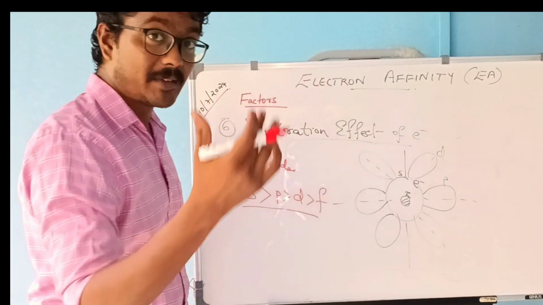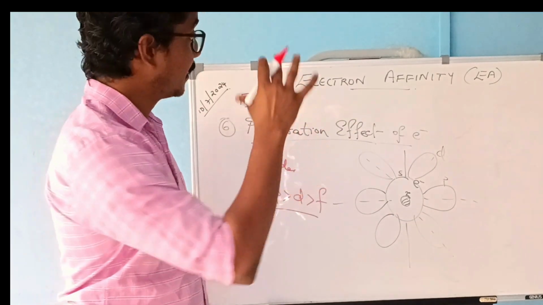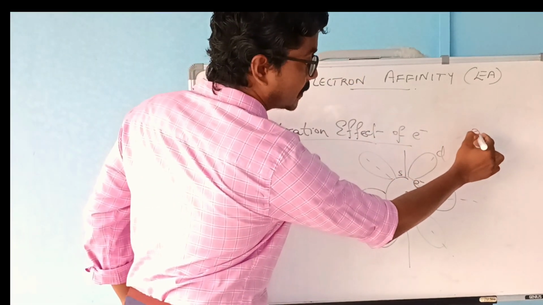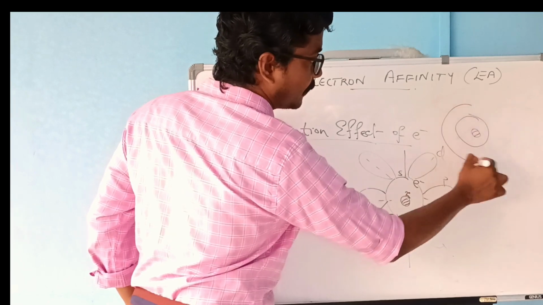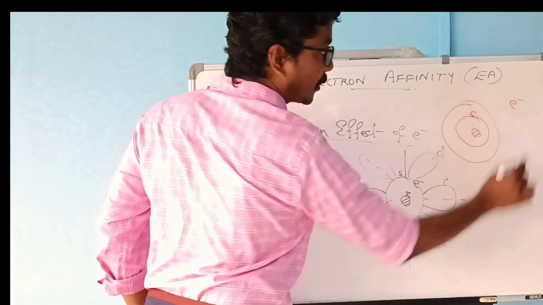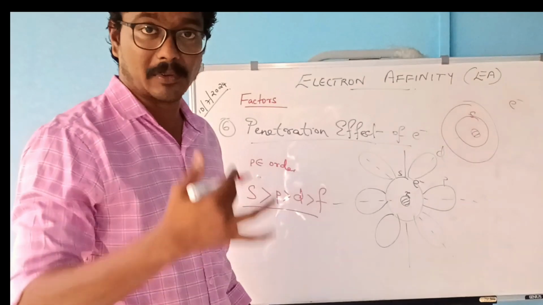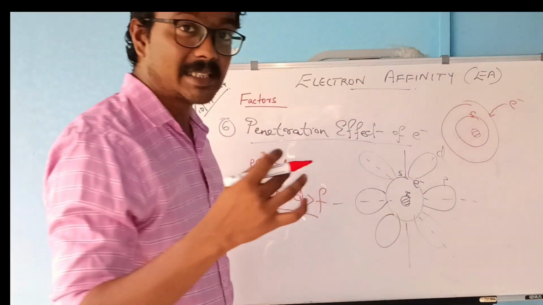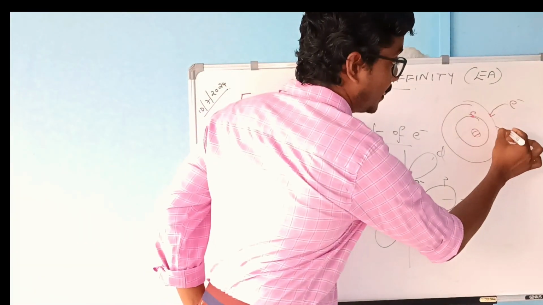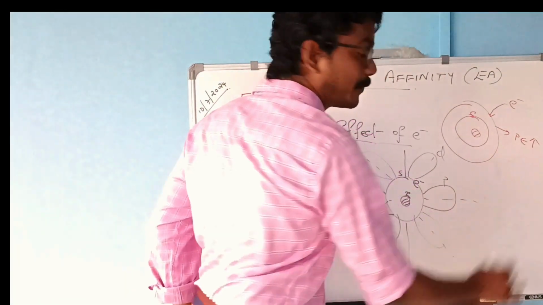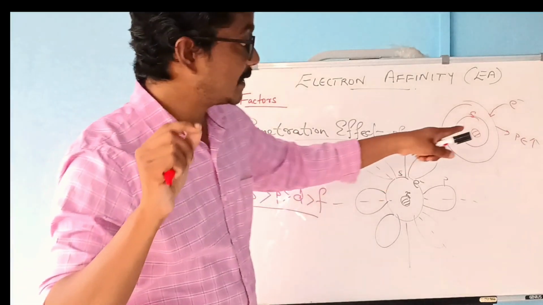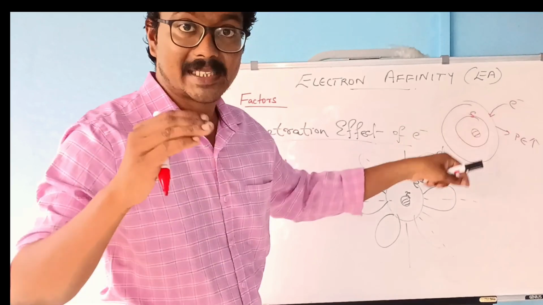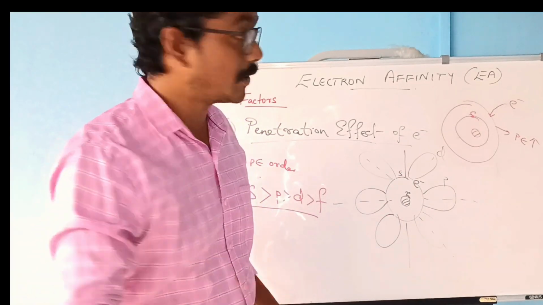When we apply the penetration effect to electron affinity, if this is the nucleus and this is the S subshell, and an incoming electron is added onto a shell which has more penetration effect, what is going to happen?